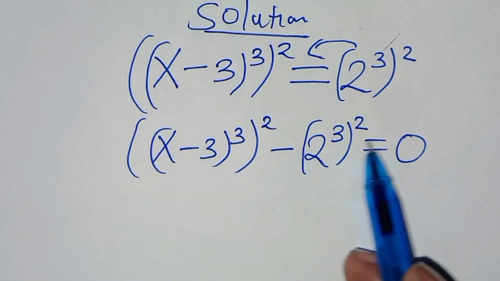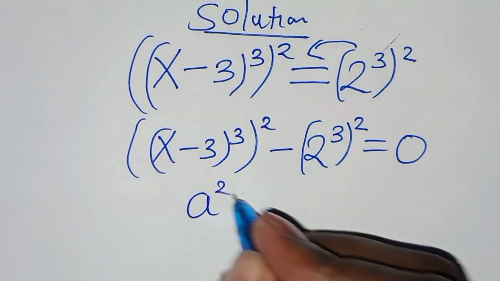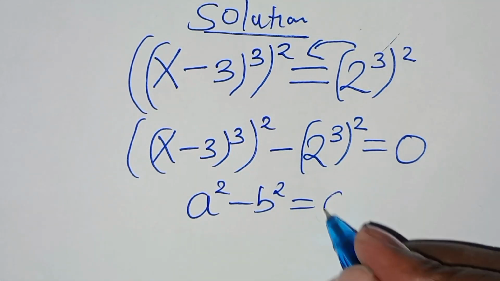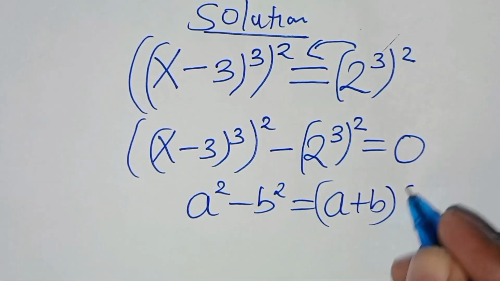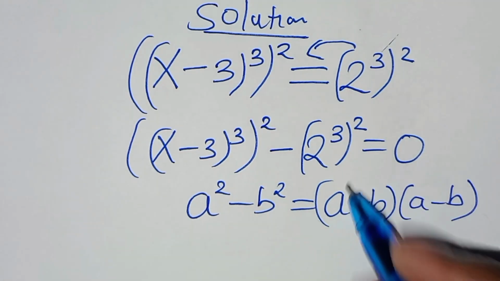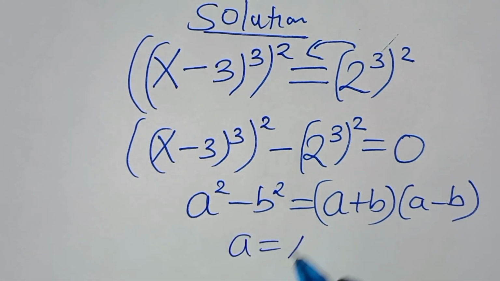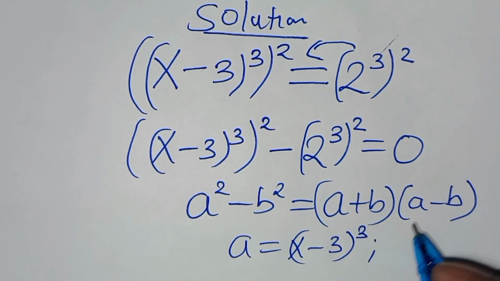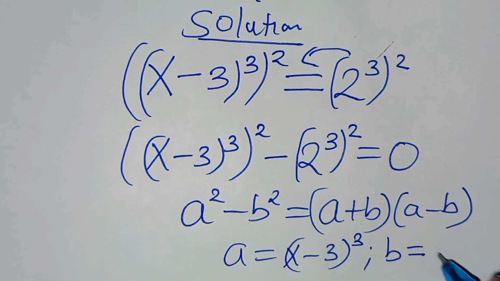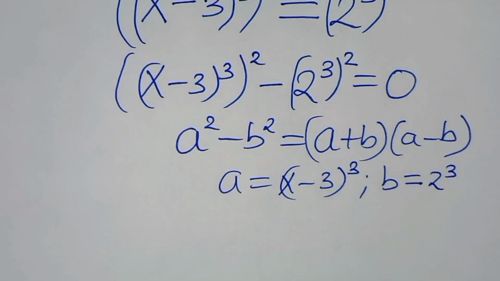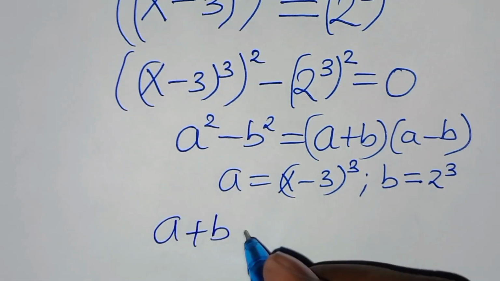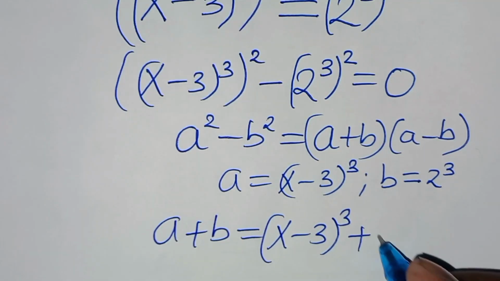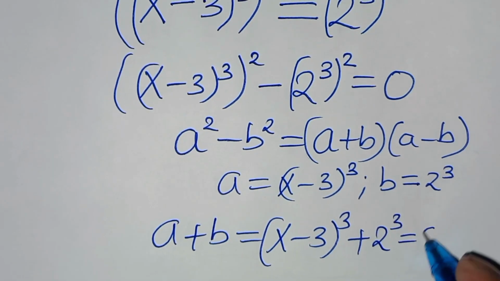Now, this equation is in the form of a squared minus b squared, which is the difference of two squares, which you can express as (a + b)(a - b). So in this case, a is equal to (x - 3) cubed, and b is equal to 2^3. So a + b is (x - 3)^3 + 2^3 = 0.